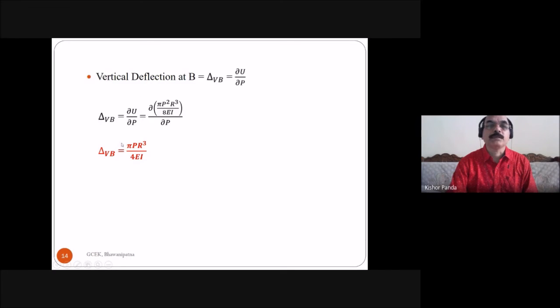So after simplification, we get the vertical deflection at B is equal to pi PR cube by 4EI. So this is the vertical deflection at B due to the load present at B.